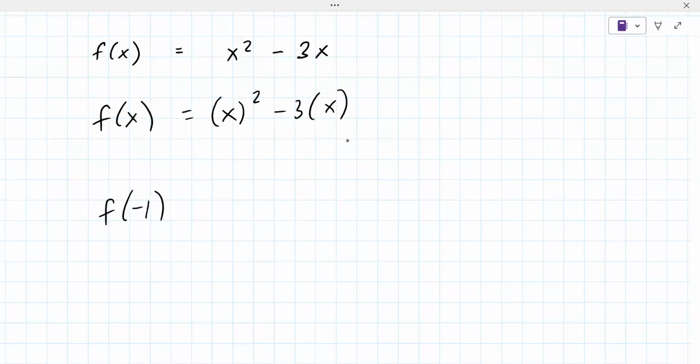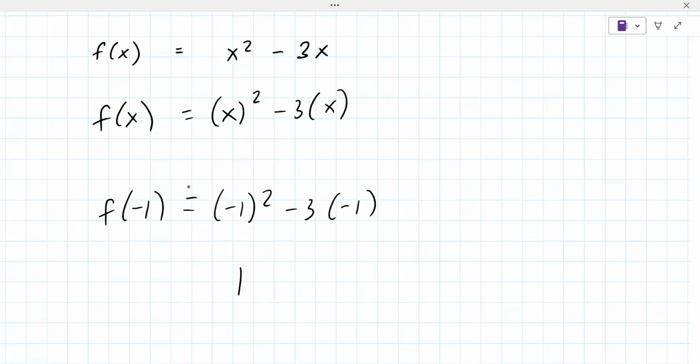What is f of -1? Equals 1. So it's -1 squared minus 3 times -1. -1 squared is 1.